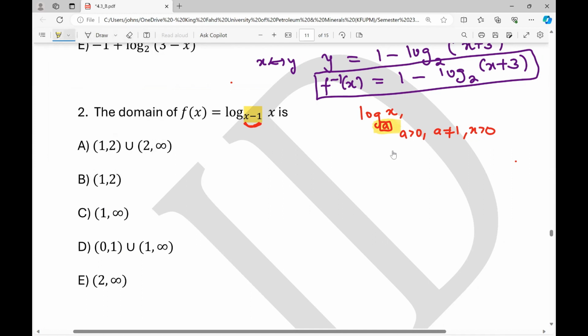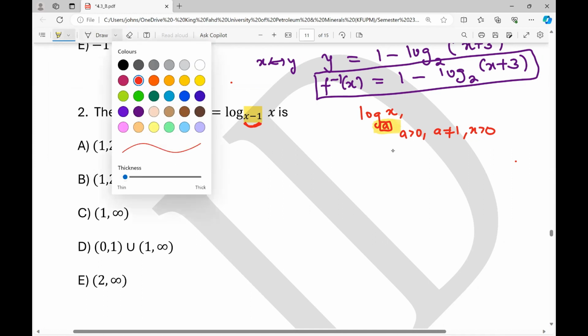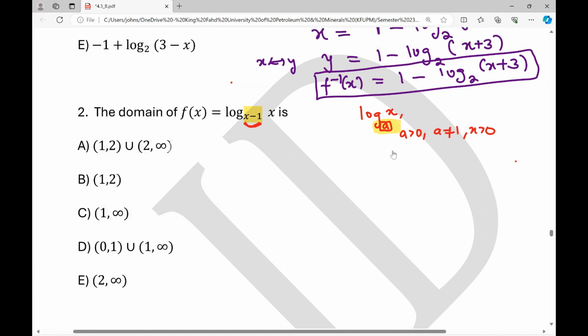So what does that mean? It simply means that this x minus 1 has to be greater than 0, and, so all these properties must be satisfied, x minus 1 should not be equal to 1. So these are from just these two properties, right?